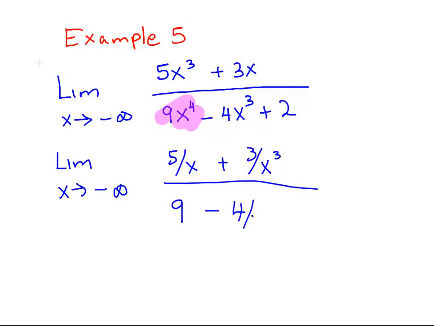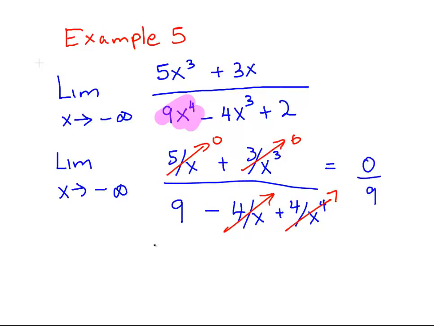Minus 4 over x plus 4 over x to the power of 4. In this case, 0, 0, 0, and 0. So we're left with 0 over 9. And so the answer to this one is 0. No, sorry. 9.